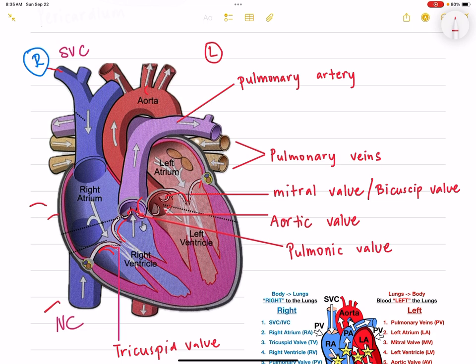These two together bring most of the deoxygenated blood from the body back to the heart and empty it into the right atrium. So remember, head and upper body: blood from the head and upper body enters the superior vena cava, and the lower body goes to the inferior vena cava.